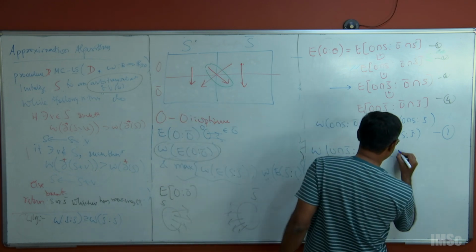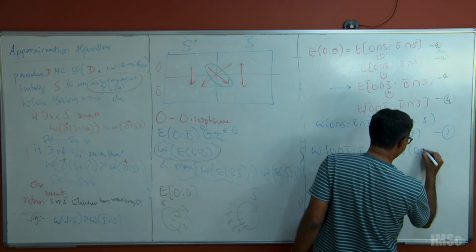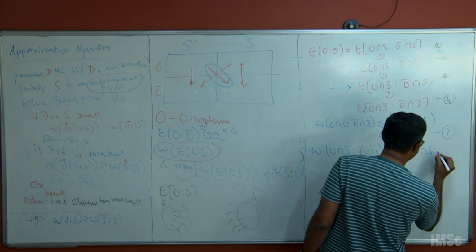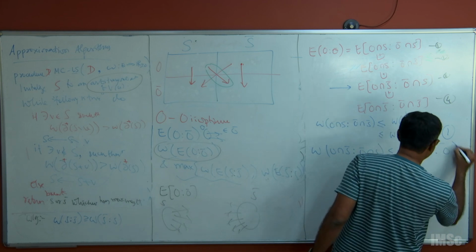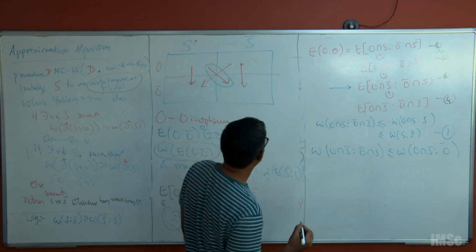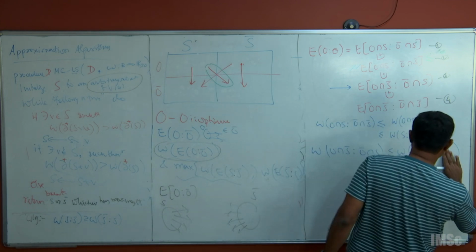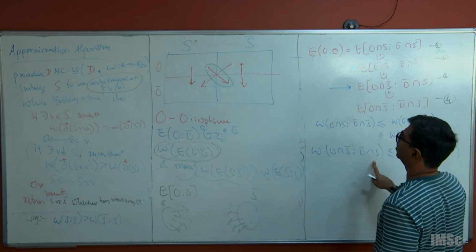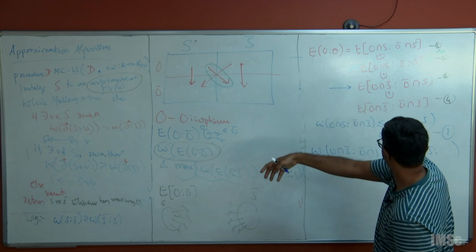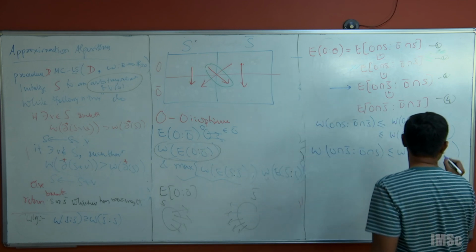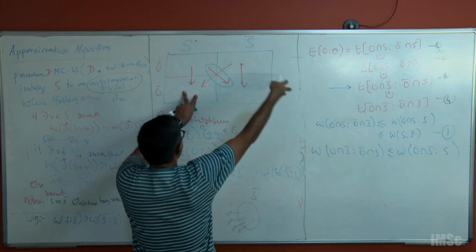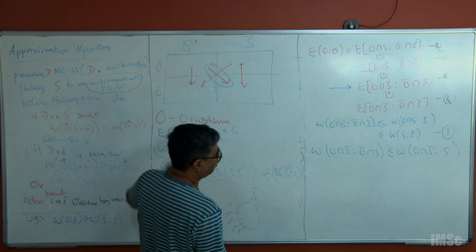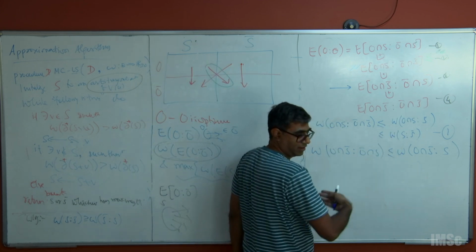So this is definitely less than or equal to the weight of O intersection S bar, comma, S bar, S. This is fine, because O bar intersection S may have more edges. When you increase a set here, it can only increase.